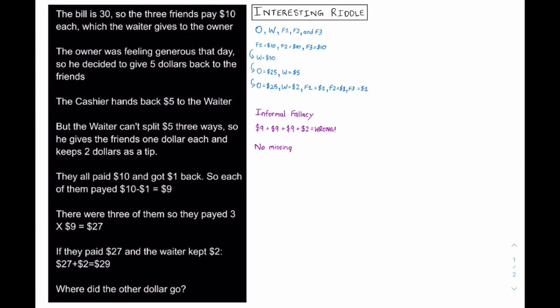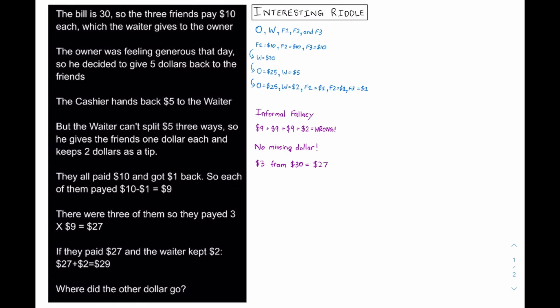It's just the fact that we aren't even starting with something that will get us to the $30 because the friends already have $1 each from the original amount that would have given us a total of $30. Think about it. Since the friends have $1 each in their pockets, that means $3 has been taken out from the $30. So what we have remaining should actually end up to be $27.